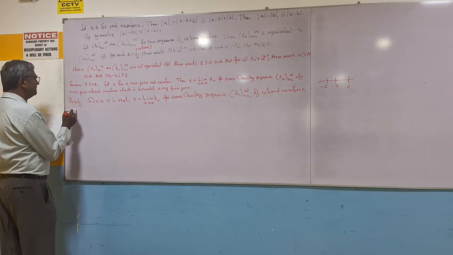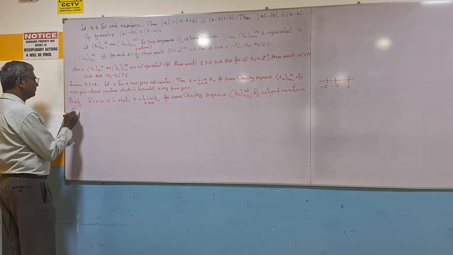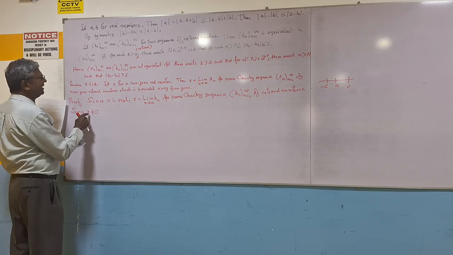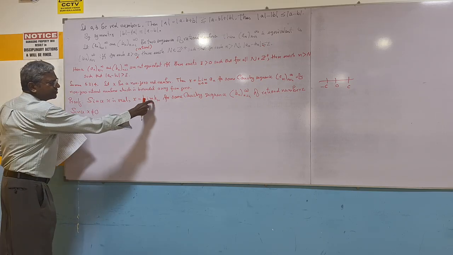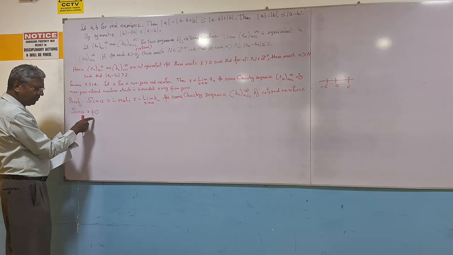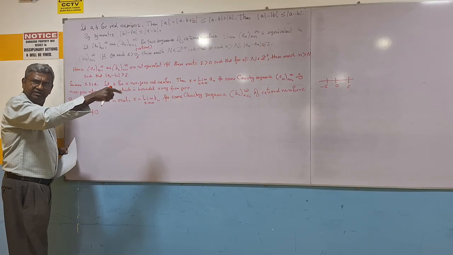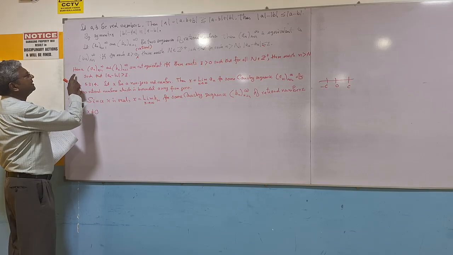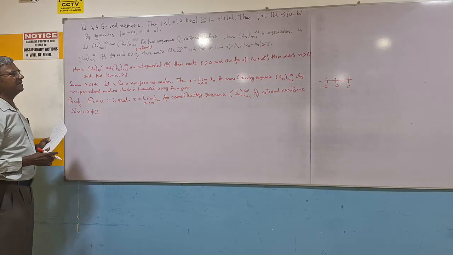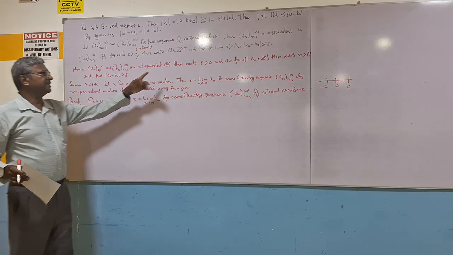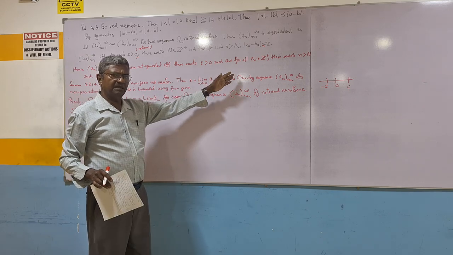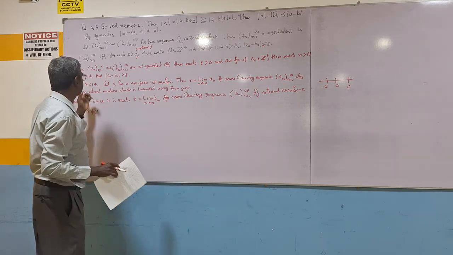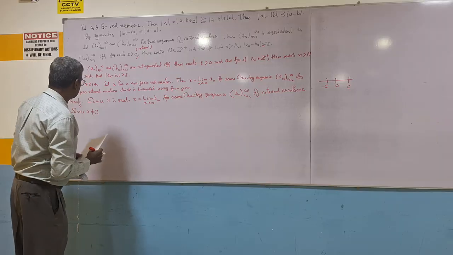Since x is not equal to 0, now x is this one. 0 is the 0, 0, 0 sequence. So I have written here, hence a_n and b_n are not equivalent if and only if there is an epsilon greater than 0 such that for all N belonging to Z plus, there is an integer greater than N like this.